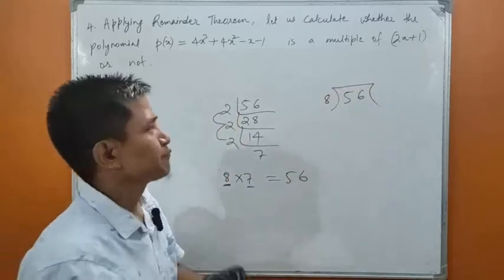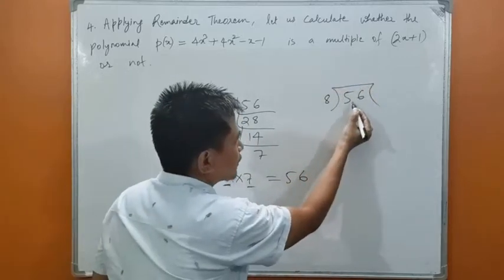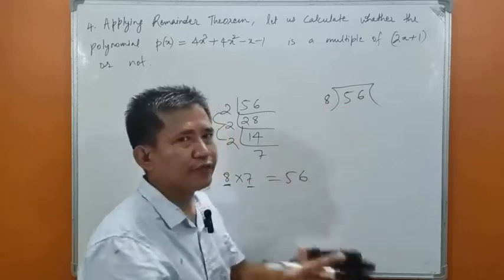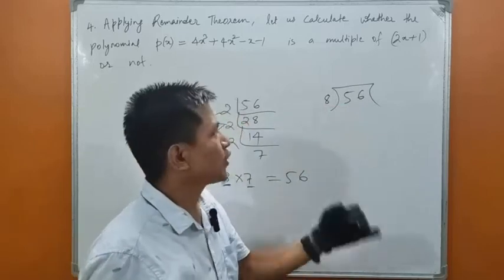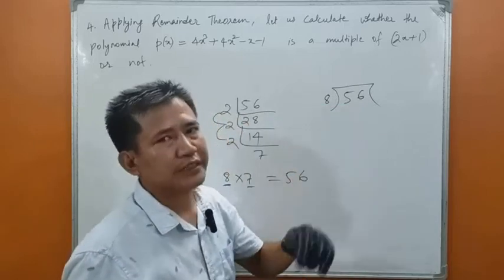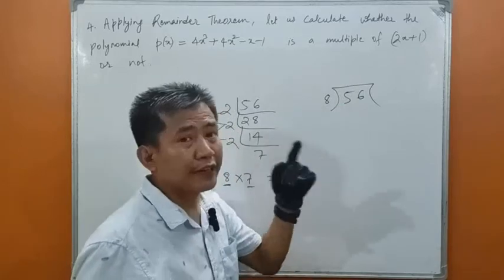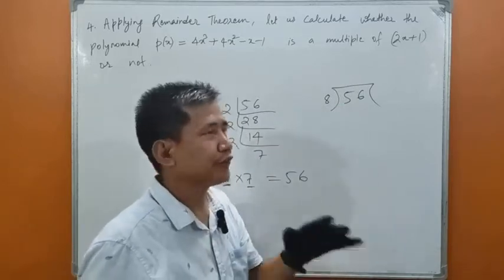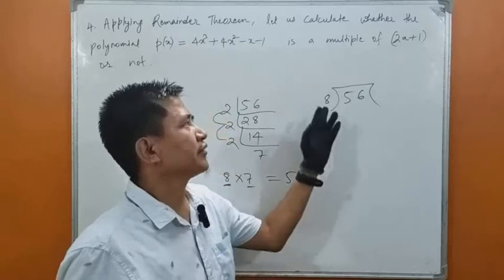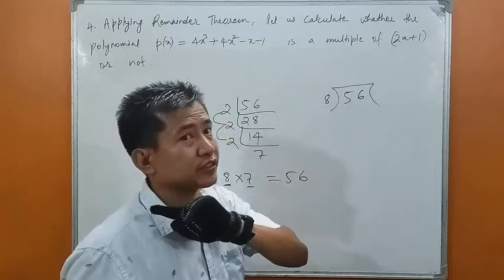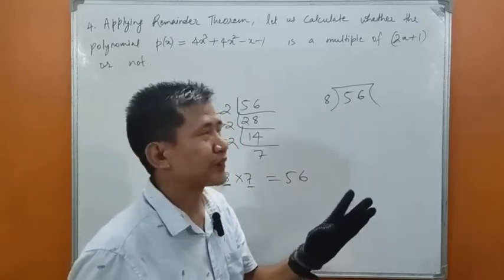Are you getting my point? If I divide 56 by this 8 and the remainder comes 0, then we can say 8 is related as a multiple. And if the remainder does not come 0, then we can say 8 is not.